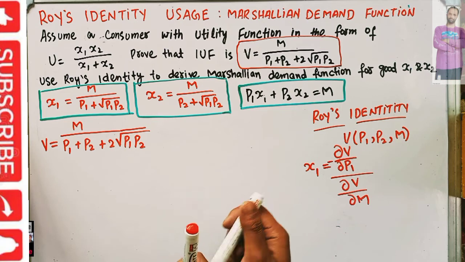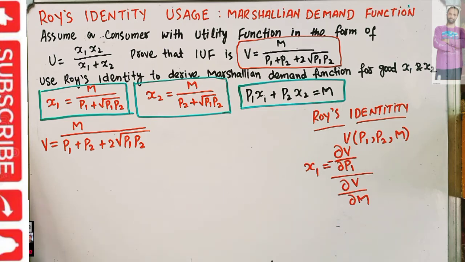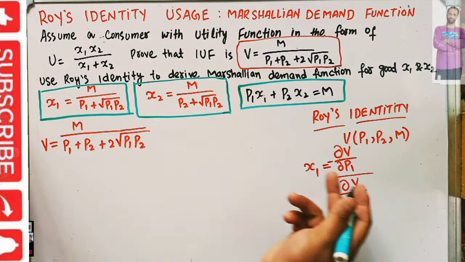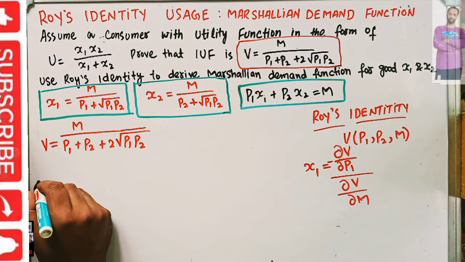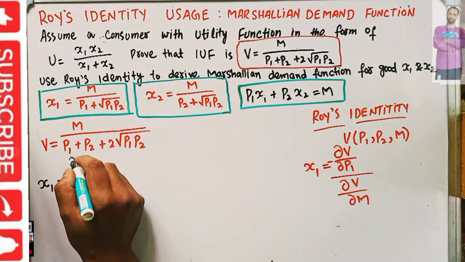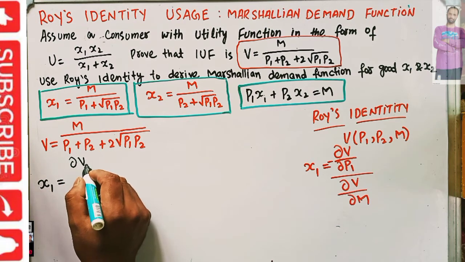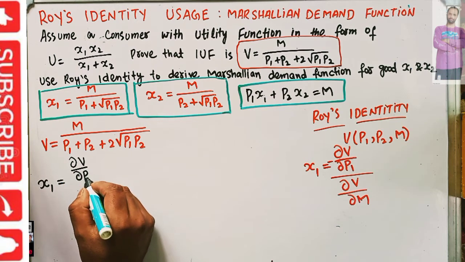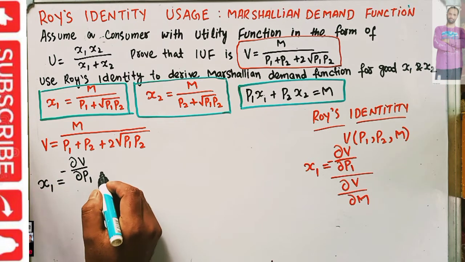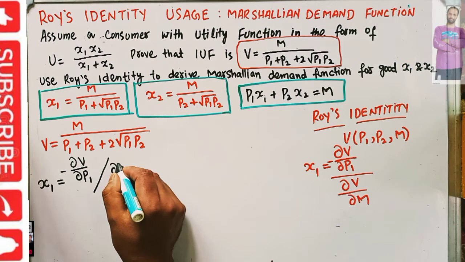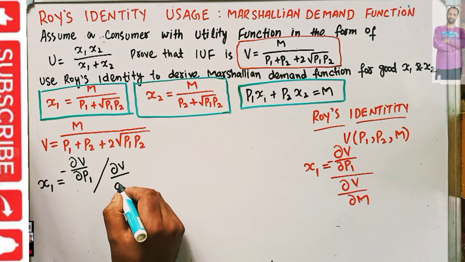Okay, so let us solve this question. Going straight with Roy's identity, our x1 Marshallian demand function will be equal to minus the partial derivative of our indirect utility function with respect to price p1, divided by the partial derivative of our indirect utility function with respect to income.